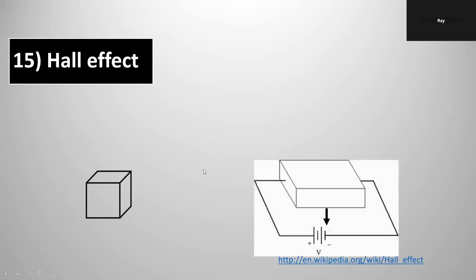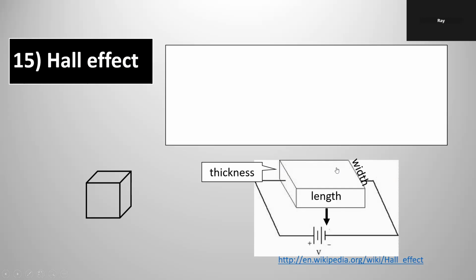Okay, Hall effect. This is the thickness. This is the length. Length is the same direction as the current. There's a current flowing in. That's the width.